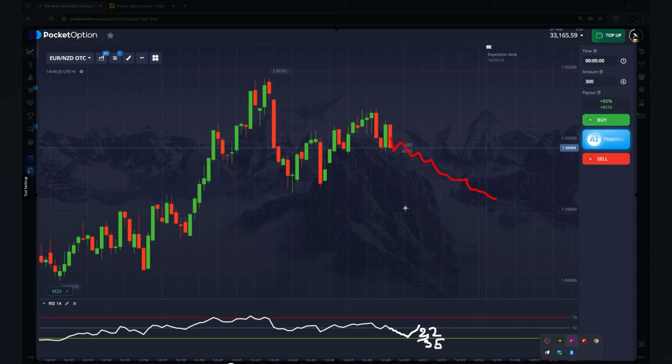Even if price is still dropping, that RSI rejection tells me buyers are stepping in. This is our call signal for buying. This is advanced, but once you see it a few times, you'll spot it everywhere.